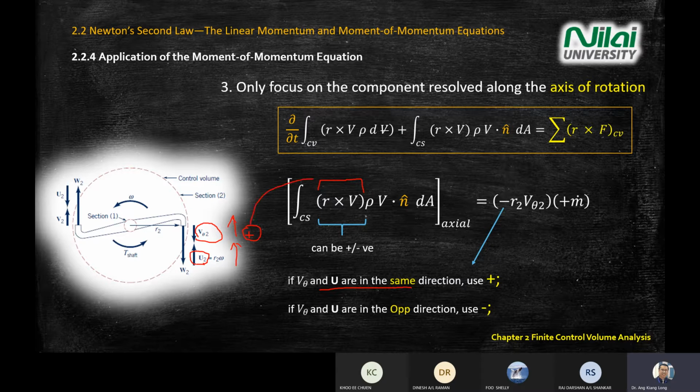In this case, you see V and U are opposite. Later, you will use negative. That's why you see a negative sign on the right hand side of the equation.